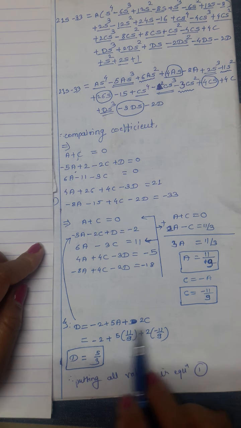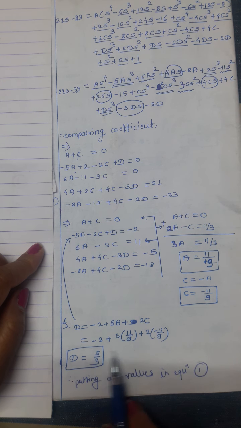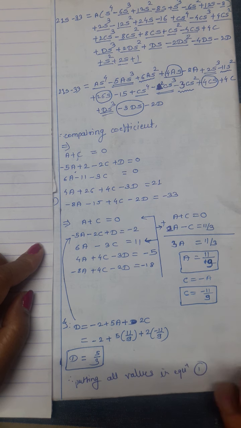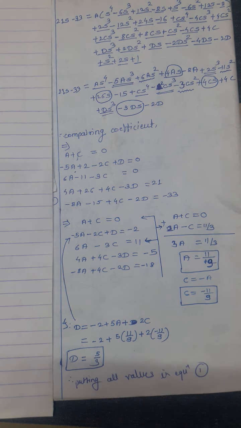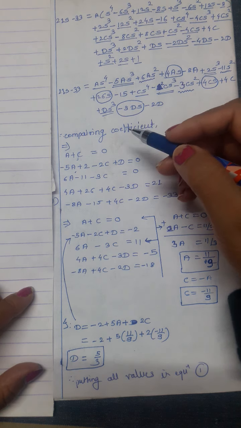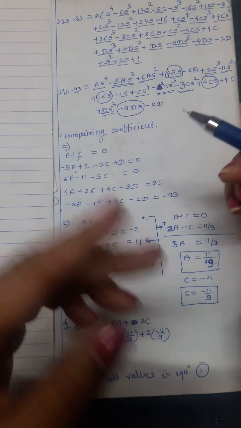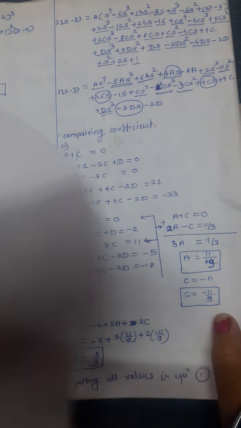Put the values of A and C here, which we have already calculated. Do this calculation on a calculator. D gets 5 by 3. Now we have already calculated the other constants, B and E.